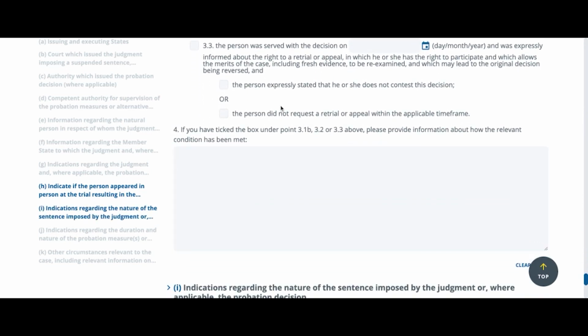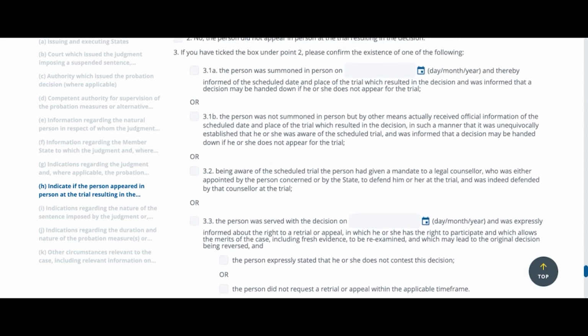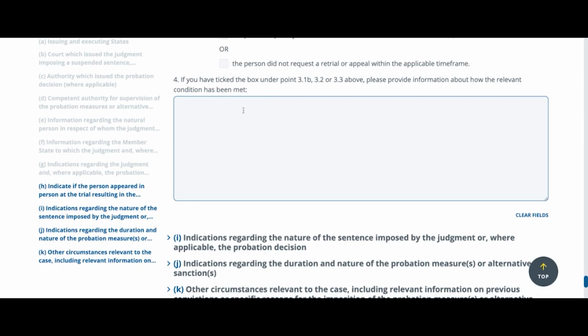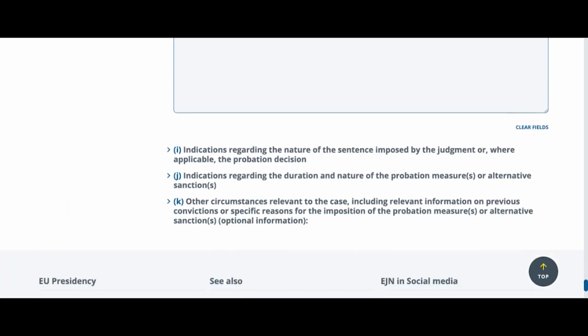Again, in case the situation is not one of those provided under point 3, here is where you need to provide as much information as possible in order to demonstrate that the person was properly summoned and had the opportunity to be informed, to participate, and to be heard in the procedure.